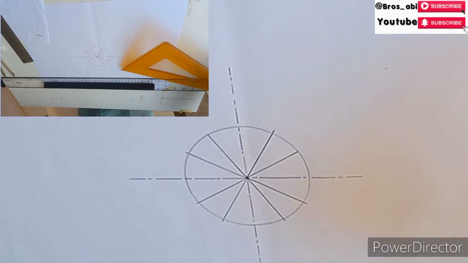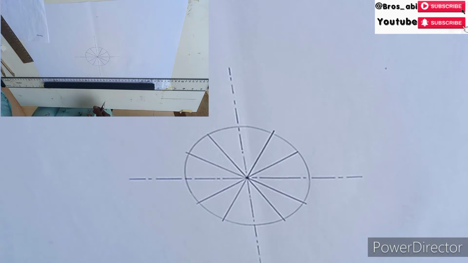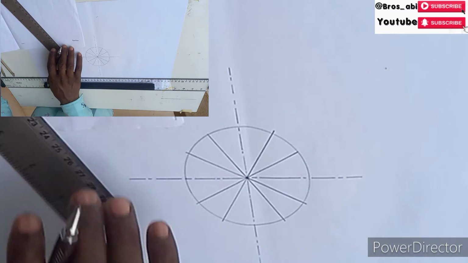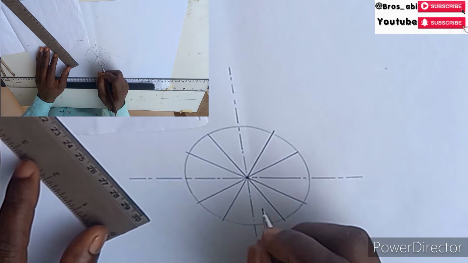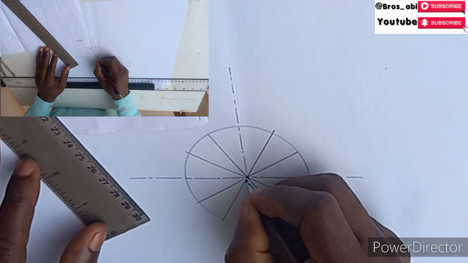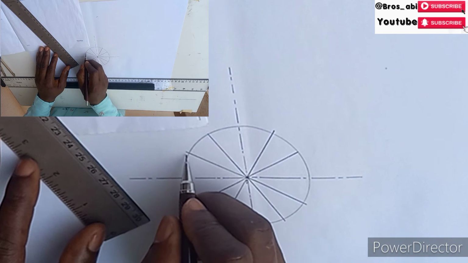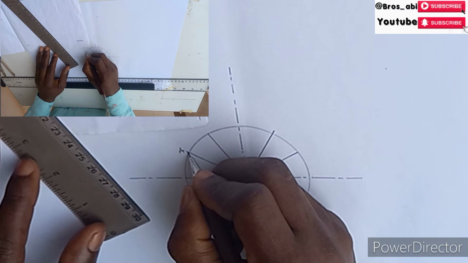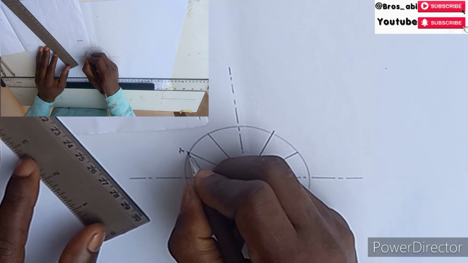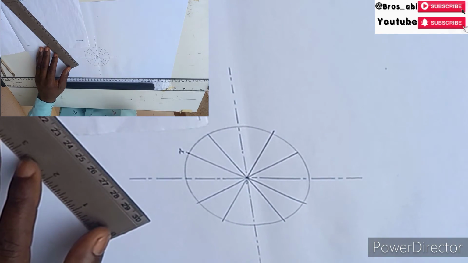Good. Having done that, we've divided it into 12 equal parts. Then we label the center as O. Then the first movement, the starting point, which is our OA, we locate that as our OA.